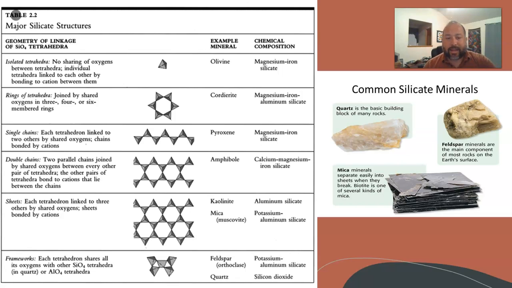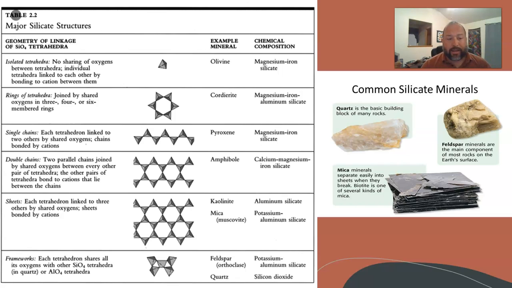So let's take a look at that idea that we talked about. The shape and the arrangement of the silica tetrahedron will make a difference. So if we look here, we've got isolated tetrahedra or single tetrahedra, a single tetrahedron. So olivine would fall into that category.